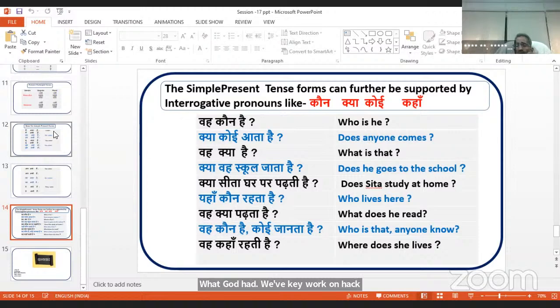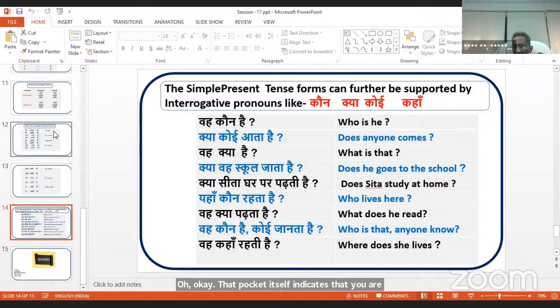क्या कोई आता है? Does anyone come? Just see that आता है. That ता है itself indicates that you are using the sentence in simple present tense form.